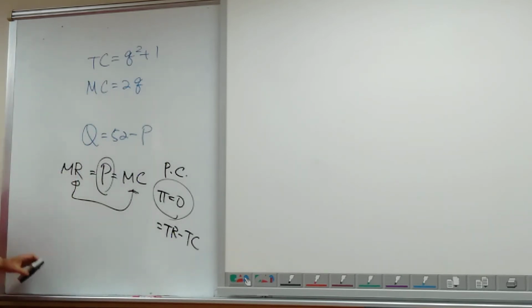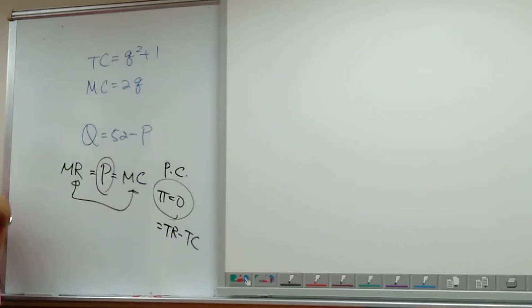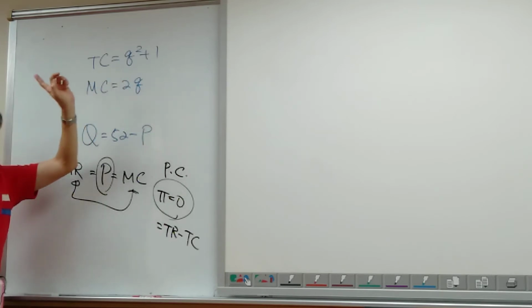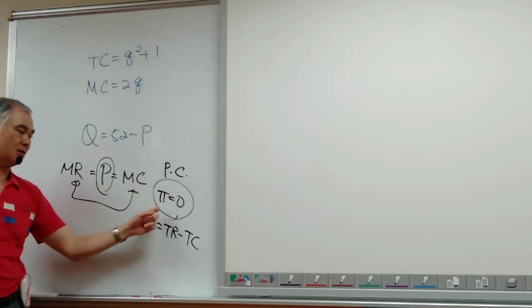Get it? And so even though there's something wrong here, because what we have is a short run cost function, but the question asks long run. So how do we deal with the problem? In the long run, the equilibrium for a competitive industry, the hint is here.